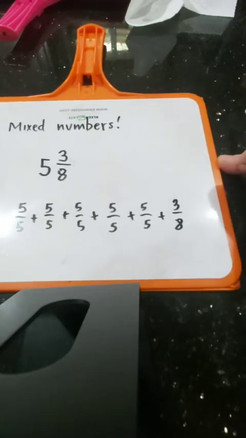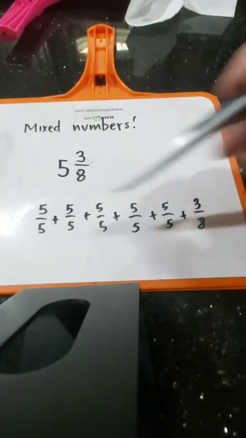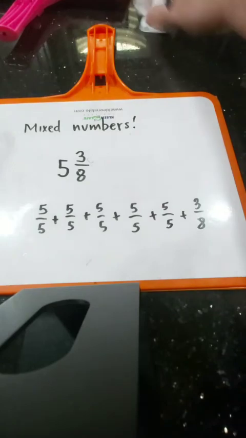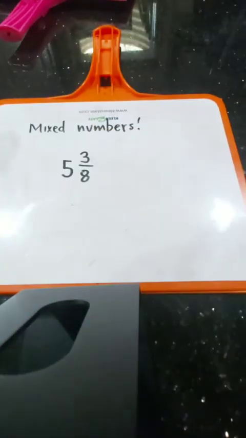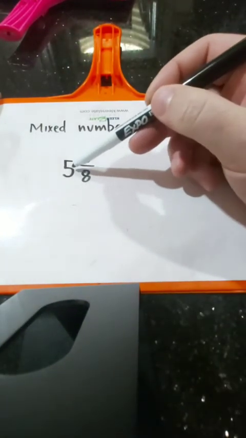Now, you could do it this way if you wanted to add all these up and find your common denominator on the bottom. But a much faster and easier way to do that is to simply multiply the denominator by the whole number.